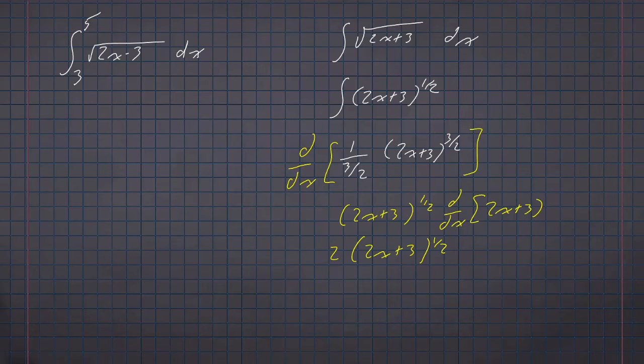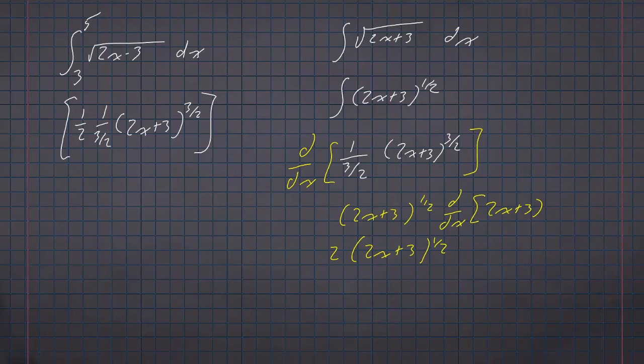And that's easy enough to account for. We're going to need an extra 1/2 in our final result. So we will have 1/2 times 1 over 3/2 times 2x plus 3 to the 3/2 power.